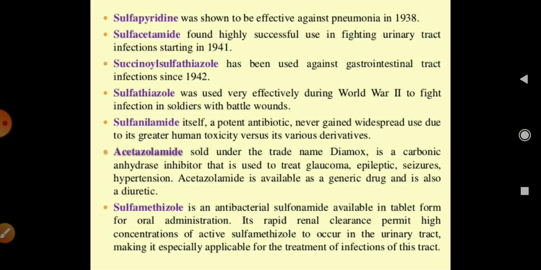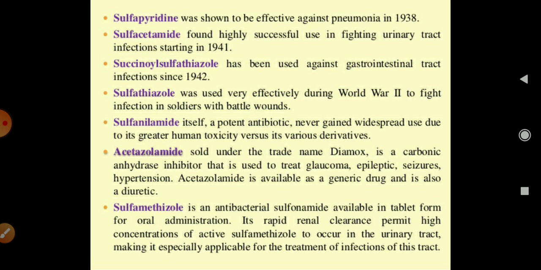Sulfacetamide was found highly successful in fighting urinary tract infection starting in 1941. Succinyl sulfathiazole was used against gastrointestinal tract infection in 1942. Sulfathiazole was used very effectively during World War II to fight infection in soldiers with battle wounds. Sulfanilamide itself was not used much due to its greater human toxicity.